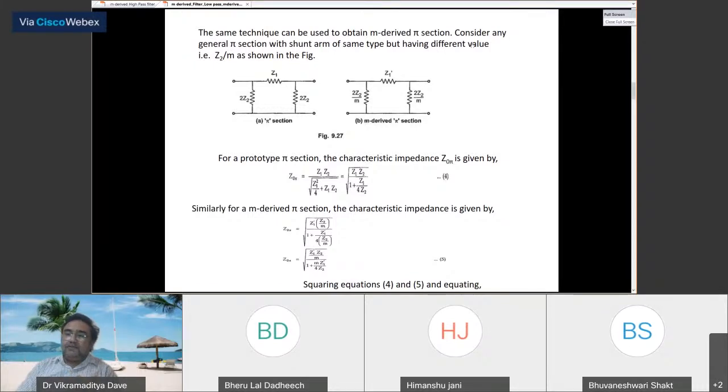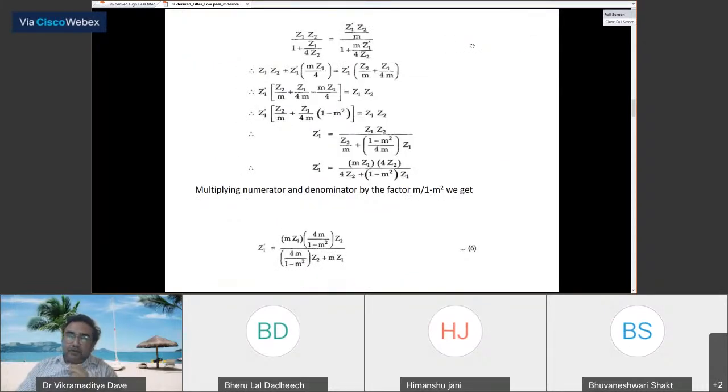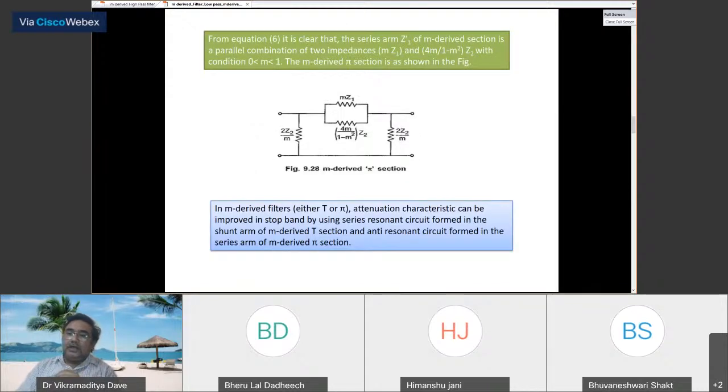We derived the same thing for the pi section, and we found that in this case the shunt arm will be twice Z2 by M. It consists of two components connected in parallel. The series arm will consist of two components connected in parallel: one is MZ1 and another is 4M upon (1 minus M squared) Z2.